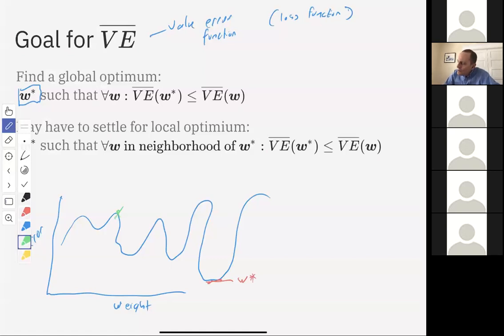So we may start taking small steps until we can no longer go down, and we would end up somewhere here. So we would end up at this local minimum, where in the neighborhood of where we're at, our value function, our loss function, is less, even though there may be somewhere outside of our neighborhood where it's less than that.